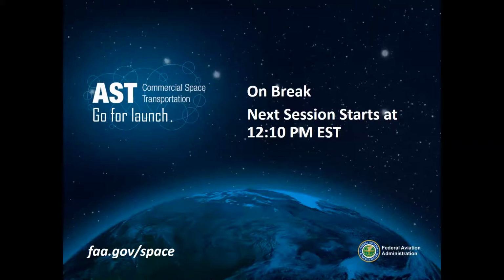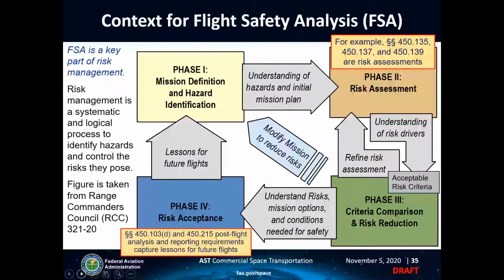The first is a flow diagram that's taken from the Range Commanders Council RCC 321.20 standard, and it shows the overall risk management process that flight safety analysis is a key part of. So risk management is a systematic and logical process to identify hazards and control the risks they pose.